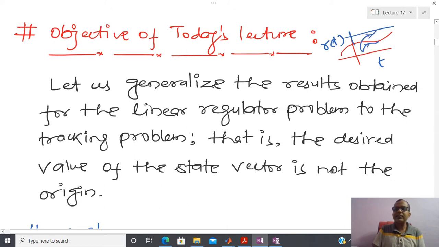In the regulator problem, we have to steer very close to the equilibrium point, and at that time my reference signal is nothing but 0. So basically this tracking problem is just a generalization of the regulator problem.